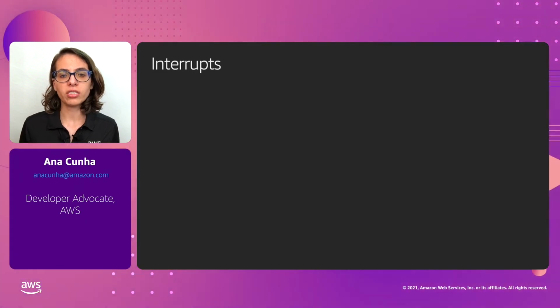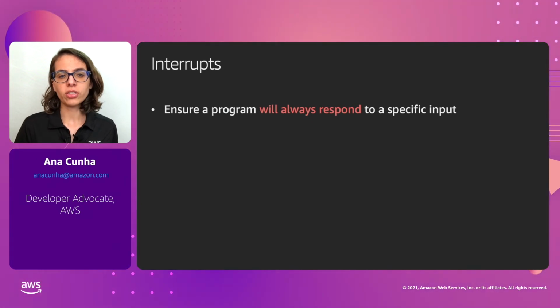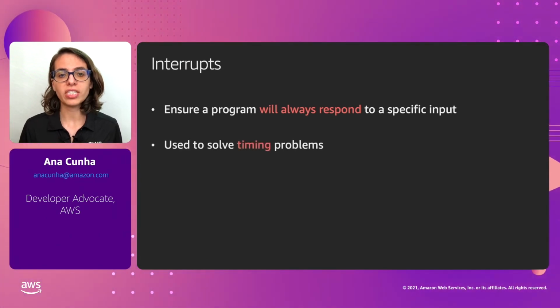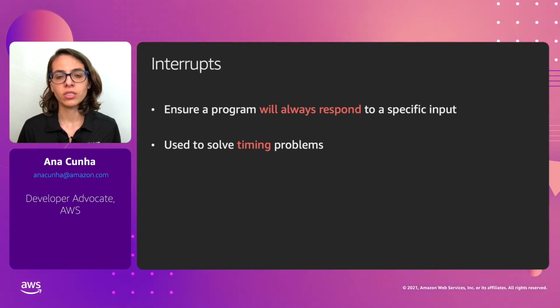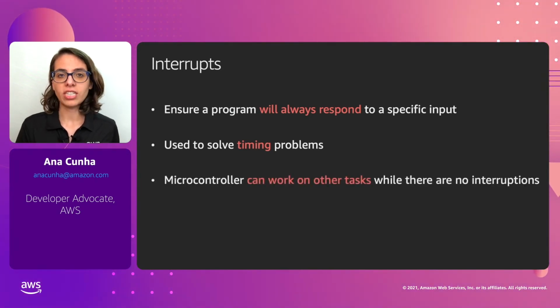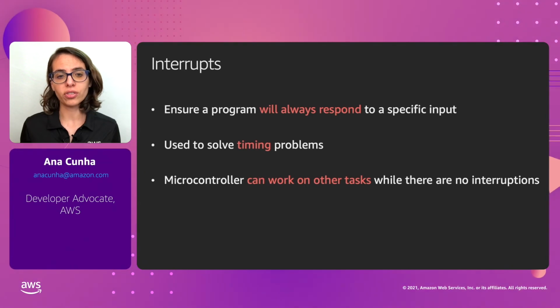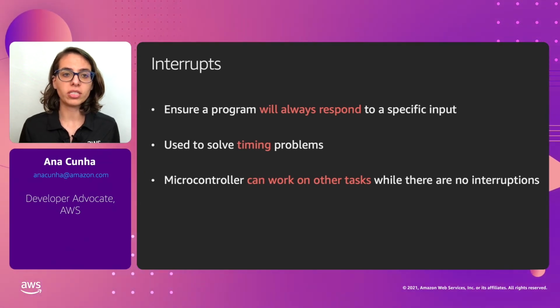One way to do that is by using interrupts. They allow us to make sure that our program will always respond to specific input. They are great for solving timing problems like the ones that can happen with the push button, while at the same time, they free the microcontroller to do other things while the button is not being pressed.